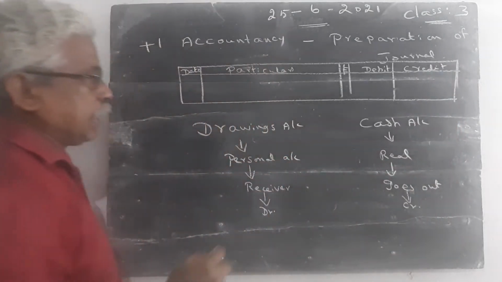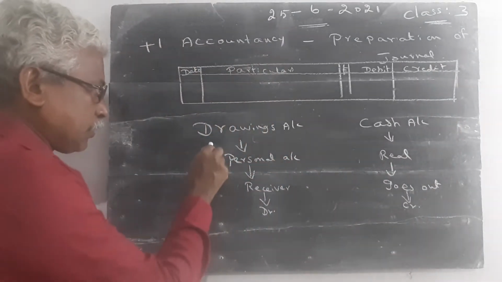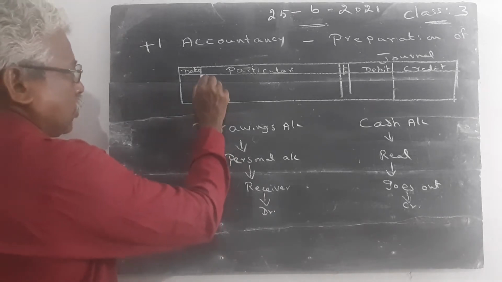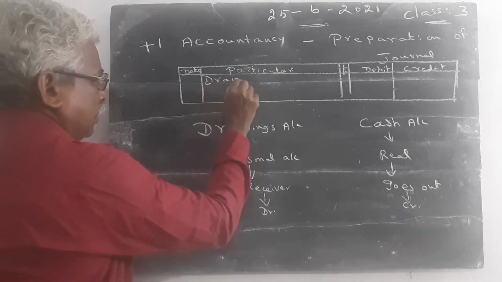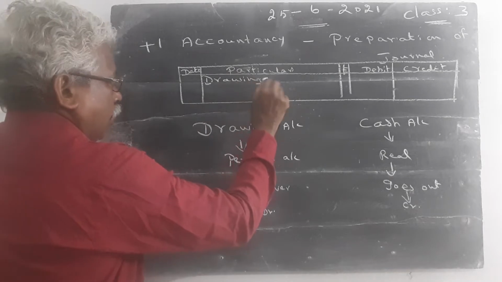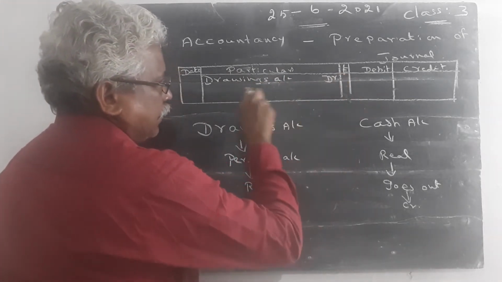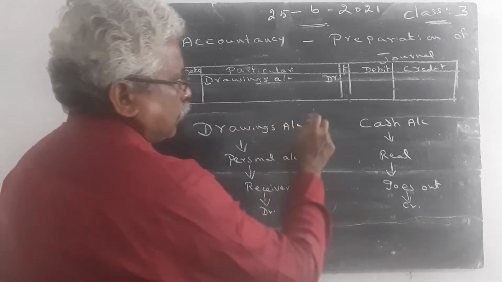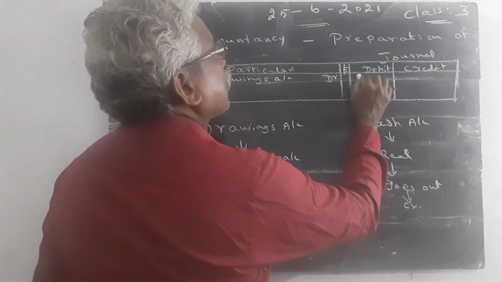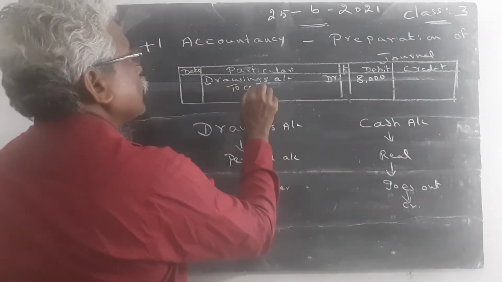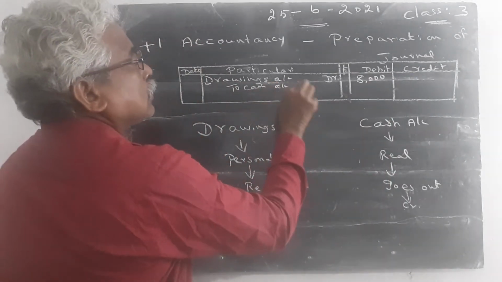When we write the journal entry, first we write the debit aspect. Drawings account, Dr. is entered here, but we read it as debtor. Drawings account debtor 8,000, to cash account 8,000.